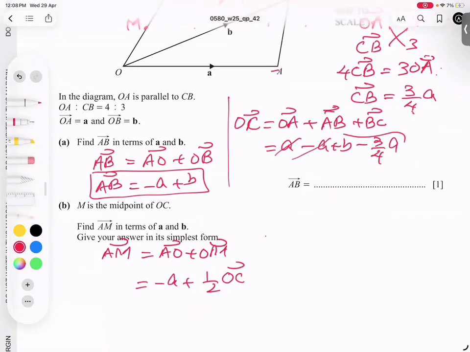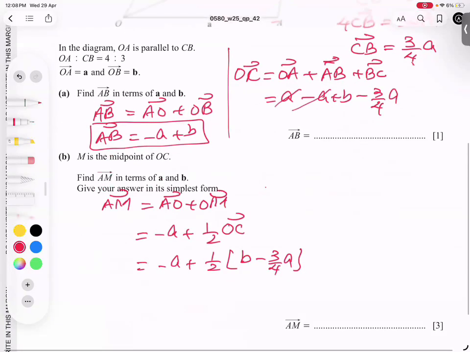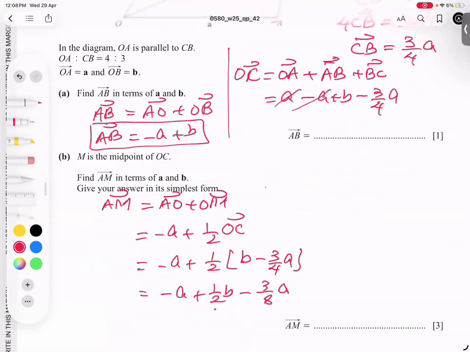Now what is the OM value? So negative a plus half times 2b minus 3 over 4 times 2a. I'm going to simplify, students. Negative a plus half b and negative 3 over 8a.